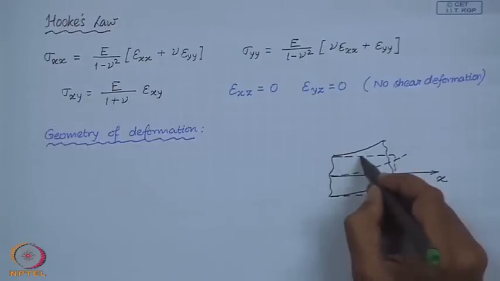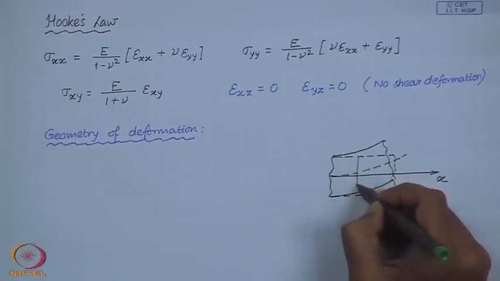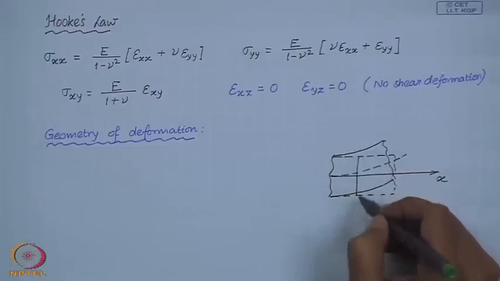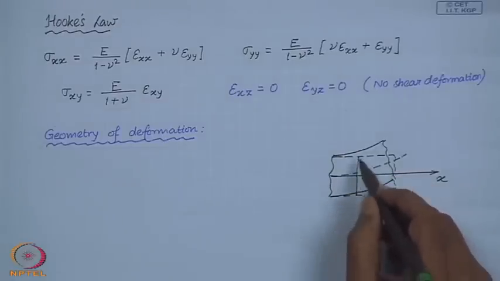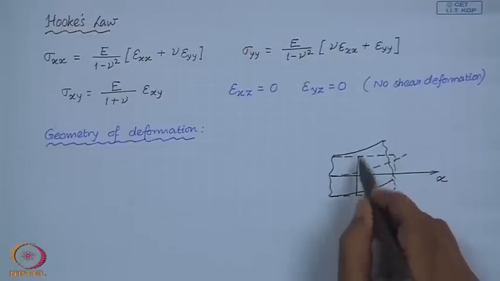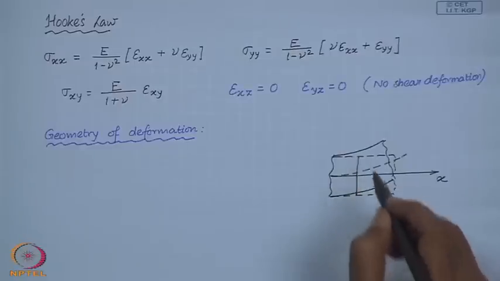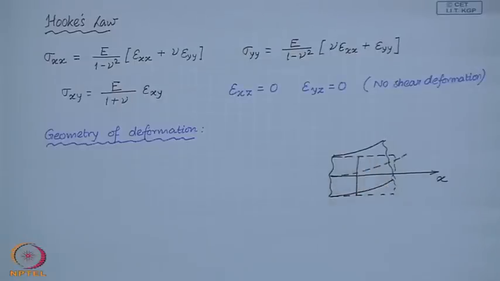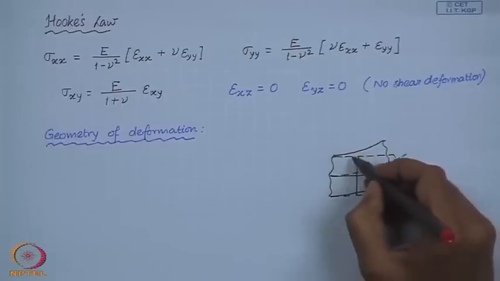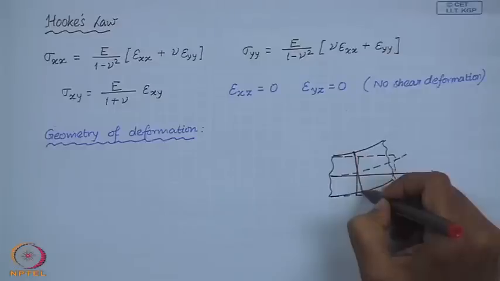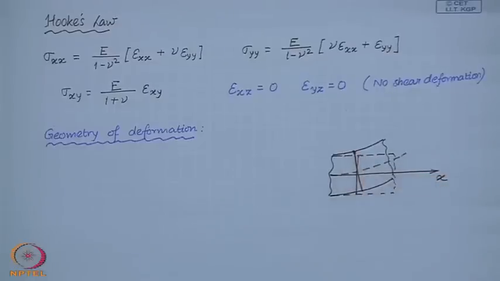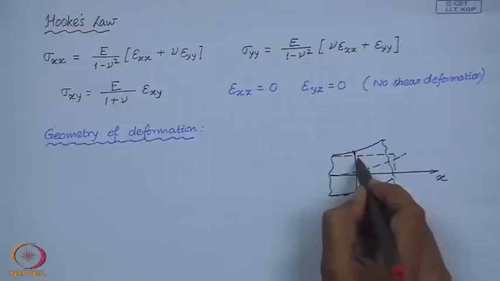If this is a line which is initially along the z, so it is vertical, then this line deflects to this configuration.